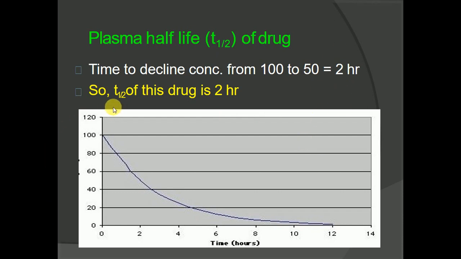Look at the graphical representation of the plasma half-life of the drug. This is the time required for a drug to reach the peak plasma concentration, and the concentration of the drug will be reduced with the passage of time.